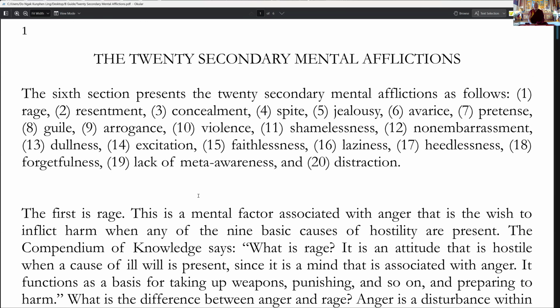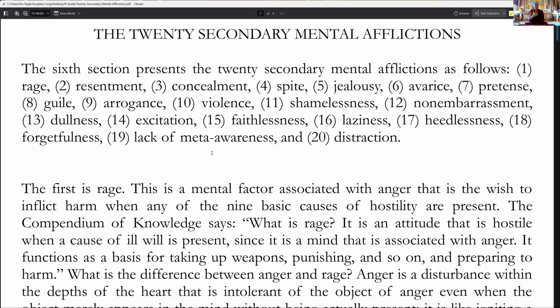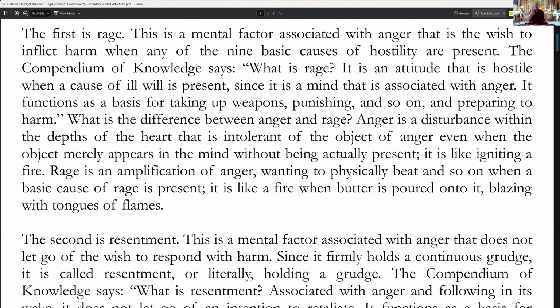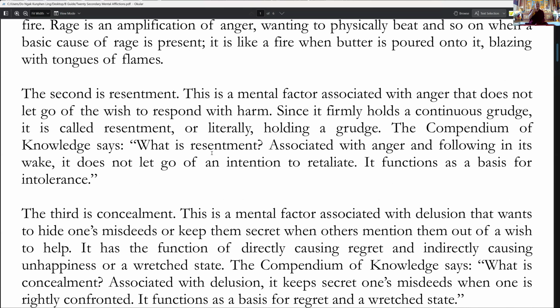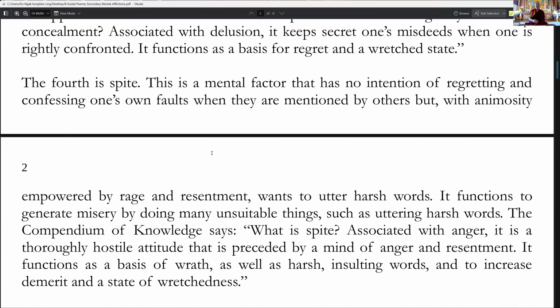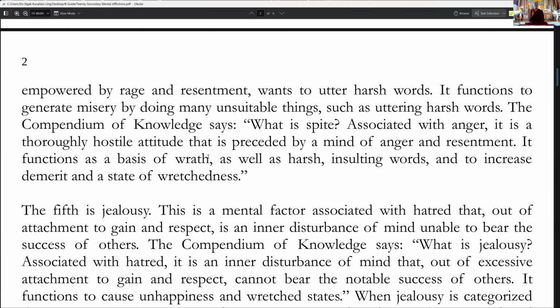But here the arrogance is not just general pride. It is arrogance about your own physical health or attractiveness. So there is a specific object there. It's not arrogance about your knowledge.